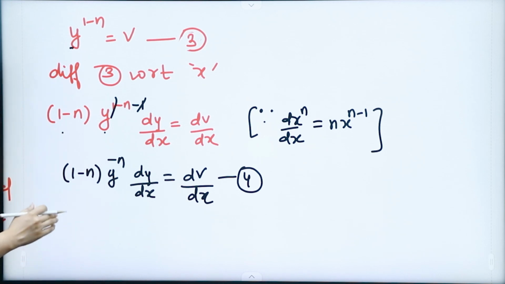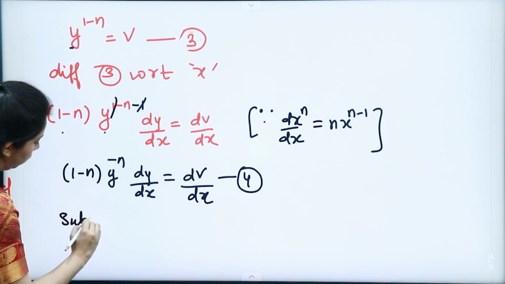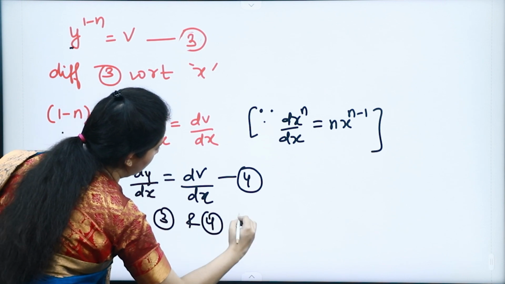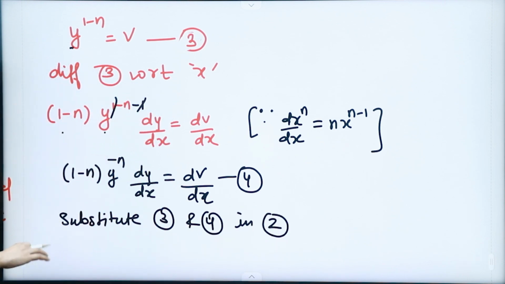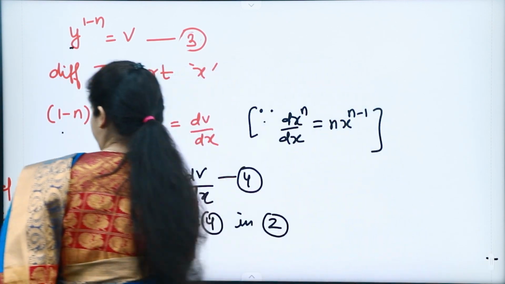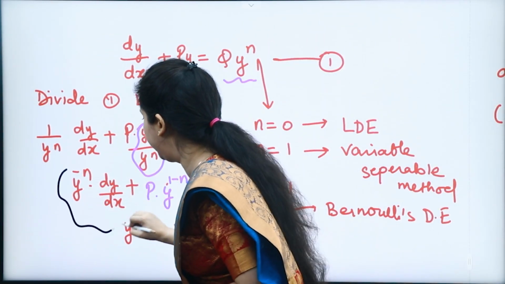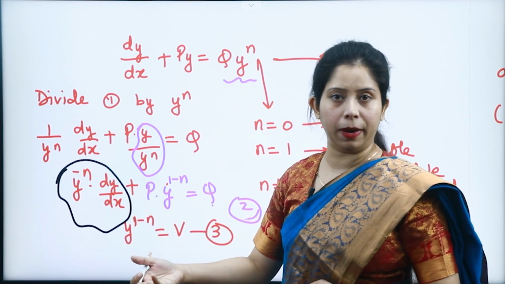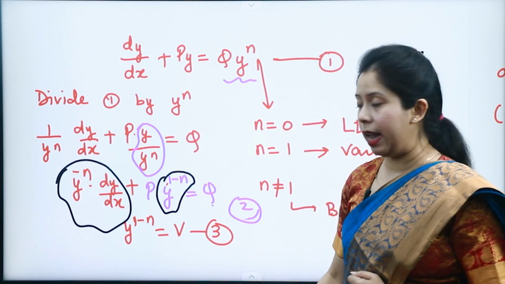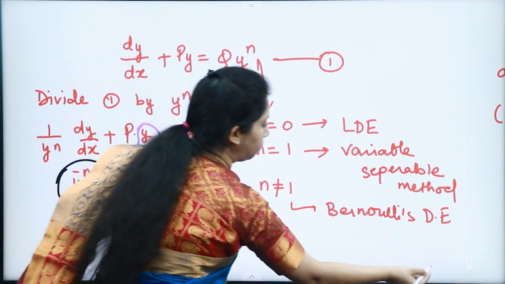Now, we will substitute the value of equation 3 and equation 4 in equation number 2, so that it transforms into a linear form of differential equation. This was our equation number 2. We can replace this whole term with another dependent variable, that is v, and y raised to the power 1 minus n can also be transformed with v.